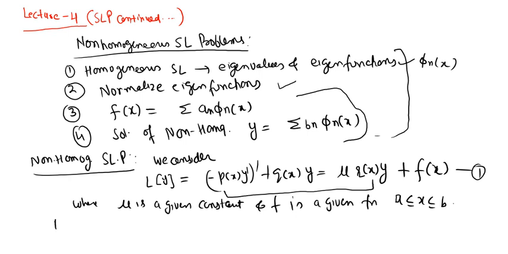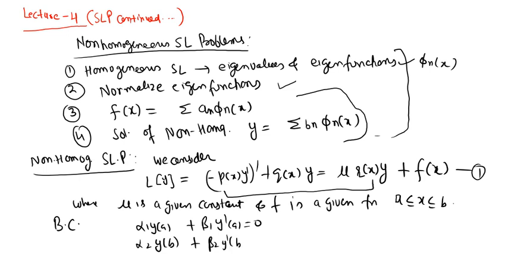Of course we have boundary conditions, alpha 1 y(a) plus beta 1 y'(a) equal to 0, and at b, alpha 2 y(b) plus beta 2 y'(b) equal to 0.